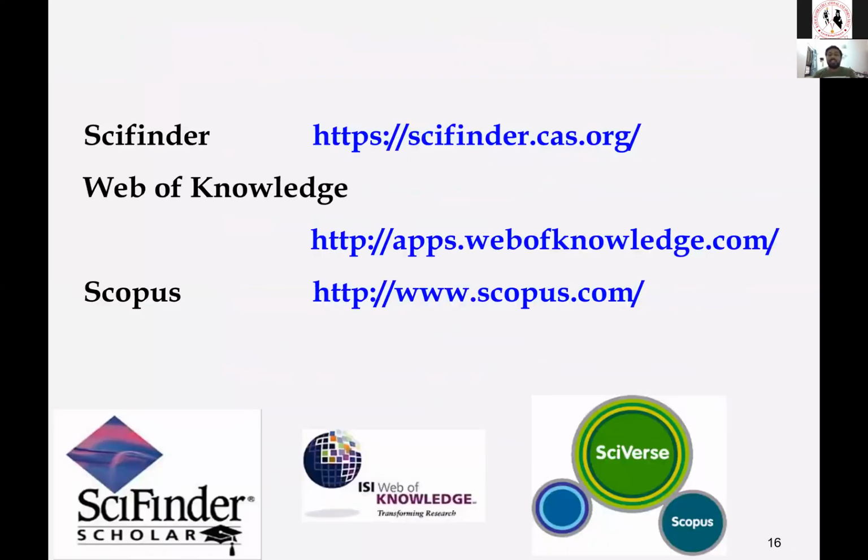So I was telling where you will see the new papers and new collaborator lists and new researchers, you have to use these scientific publishers and scientific search engines: SciFinder, Web of Knowledge, Scopus.